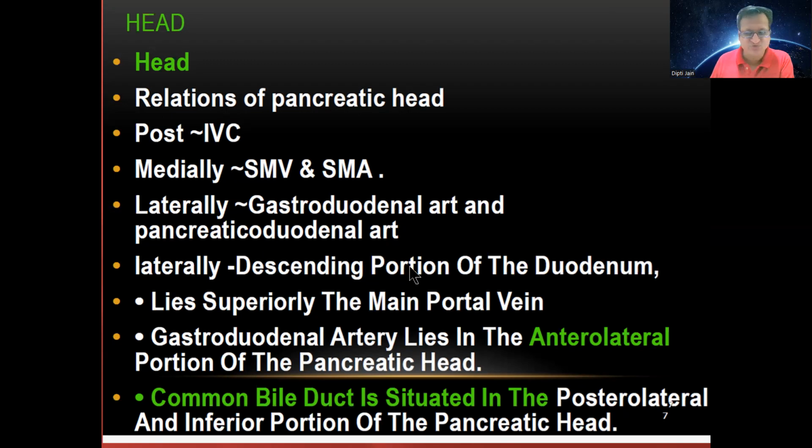Laterally the descending portion of the duodenum is also there, and it lies superior to the main portal vein. The gastroduodenal artery lies in the anterolateral portion of the pancreatic head, and common bile duct is situated in the posterolateral and inferior portion of the pancreatic head.